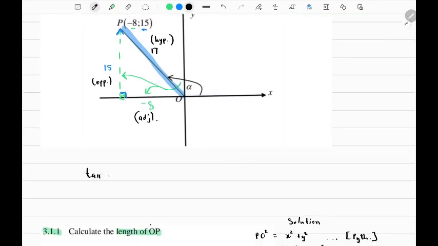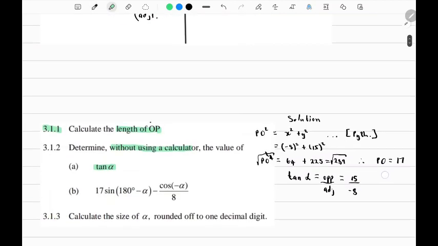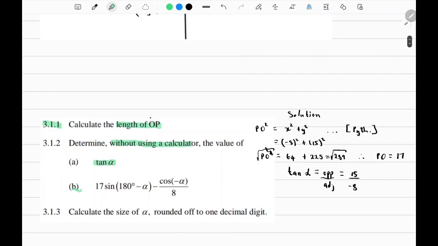Tan of alpha is equal to the opposite over the adjacent side, and the opposite is 15 over the adjacent, which is -8. So moving on to the next question, they want us to determine this expression without using a calculator.